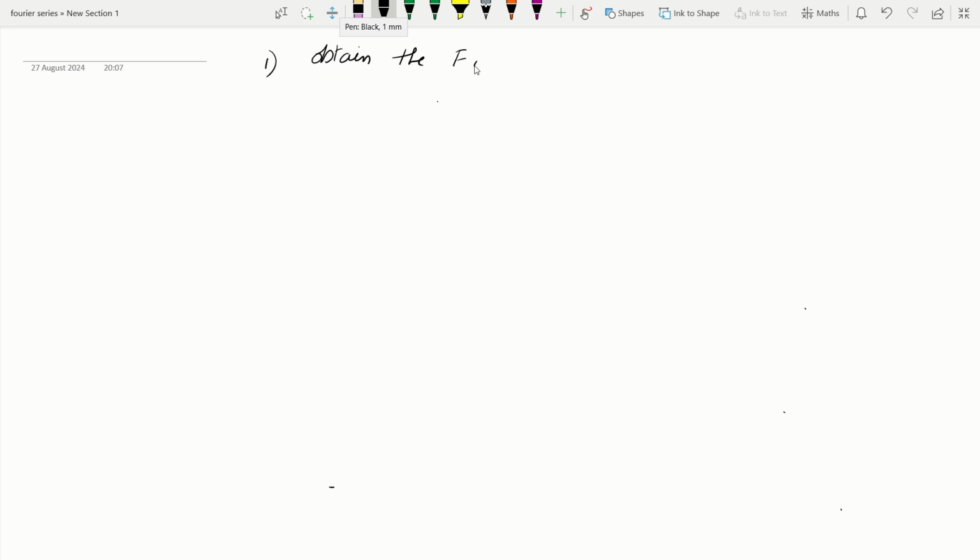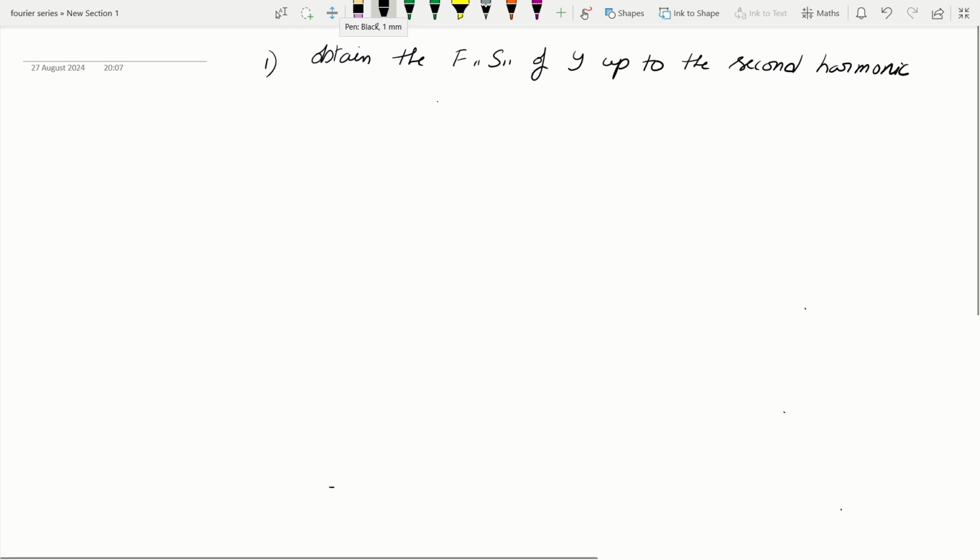Obtain the Fourier series of y up to the second harmonic for the following values. What are the values? The x values and y values they gave.